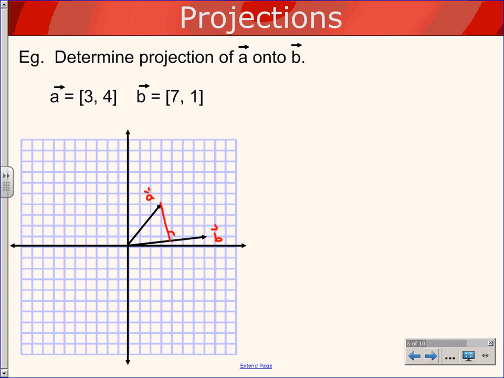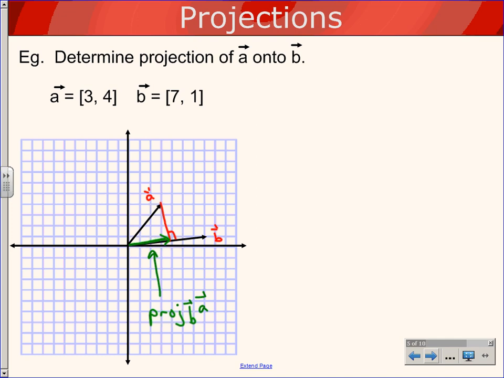It's going to meet at a right angle. And we're trying to get that vector right there. That is the projection of vector A onto vector B. So that's the goal of this question: can we come up with components for that green vector?